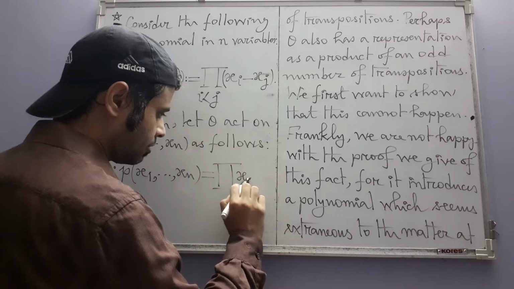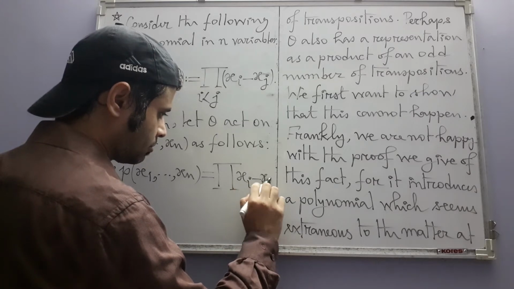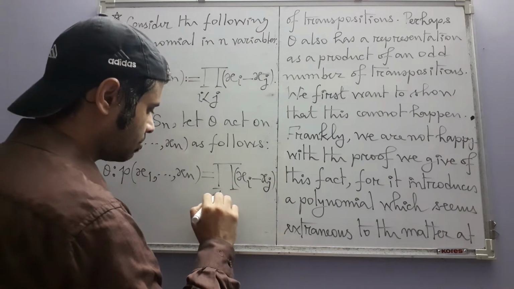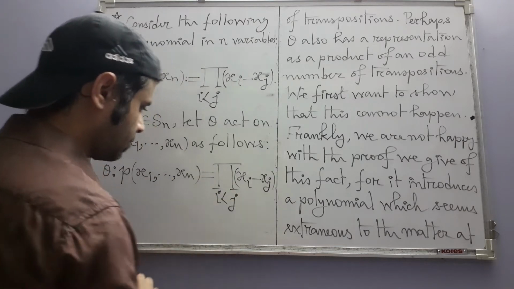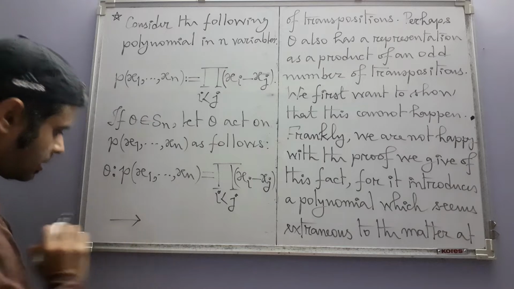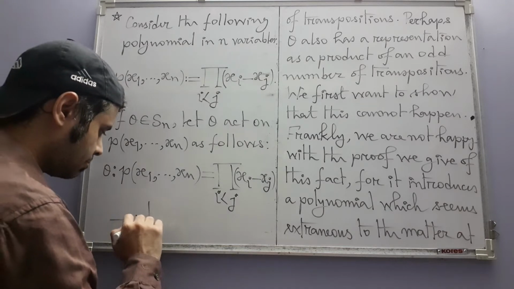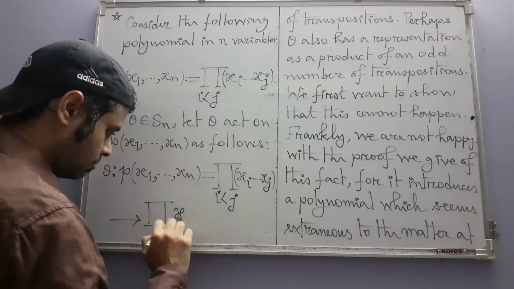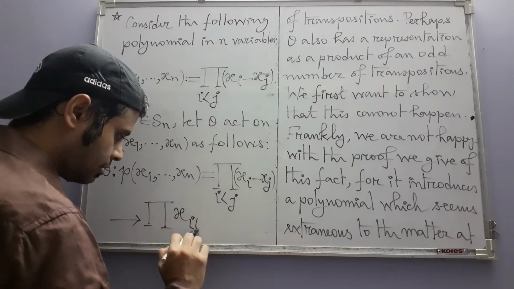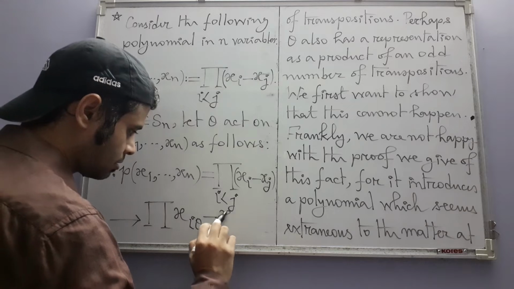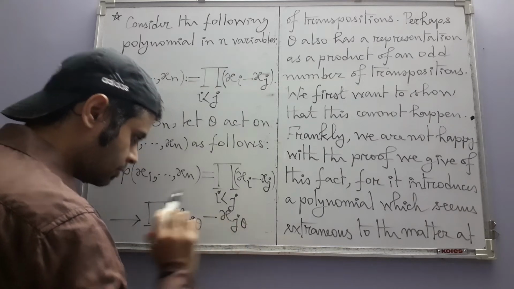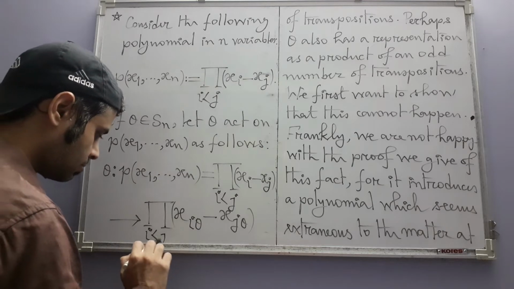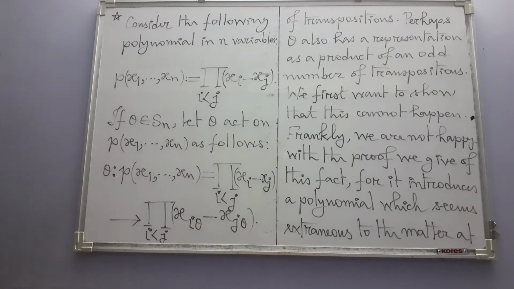I think in order to emphasize, to show what we are going to do to this polynomial, theta sends this polynomial to this polynomial x I theta minus x j theta, and this condition of course remains the same.